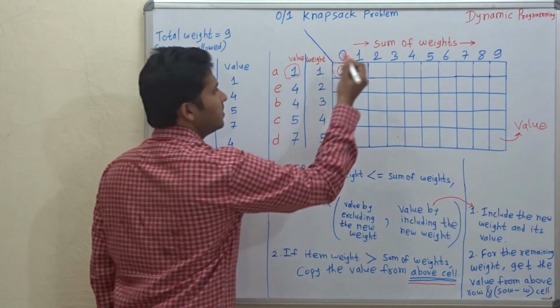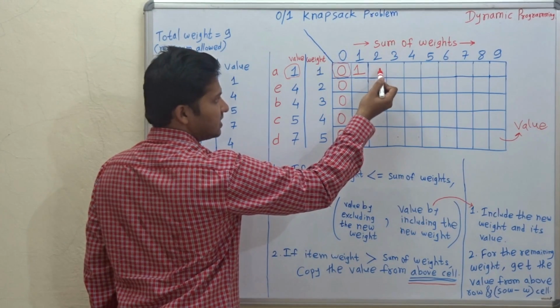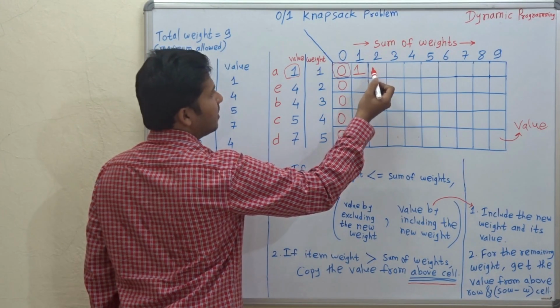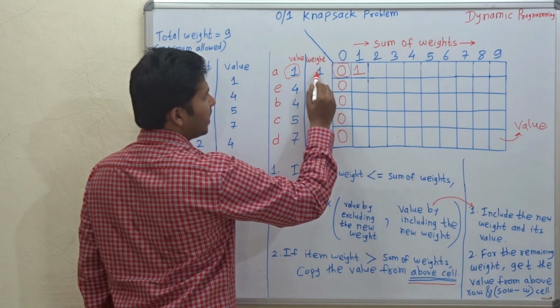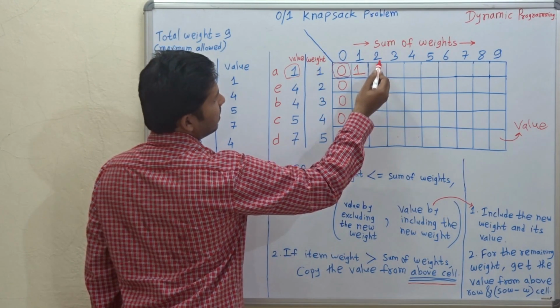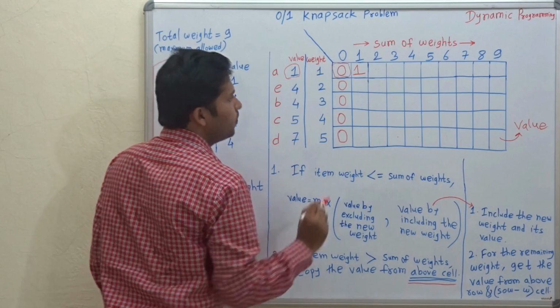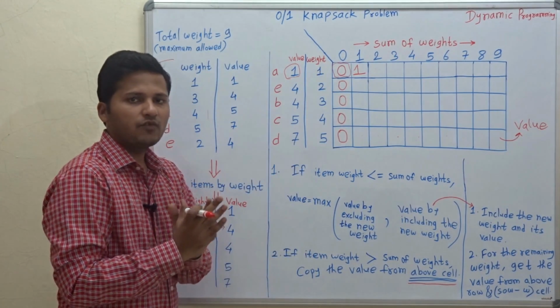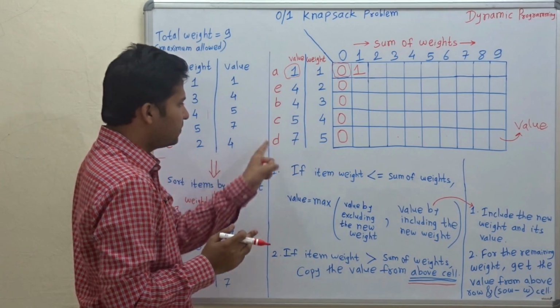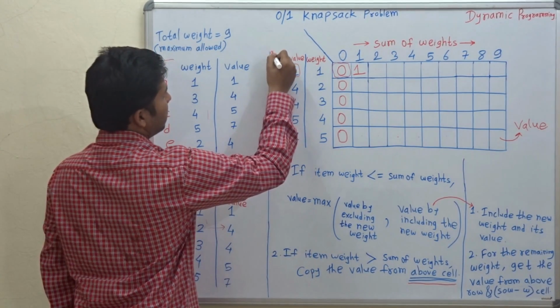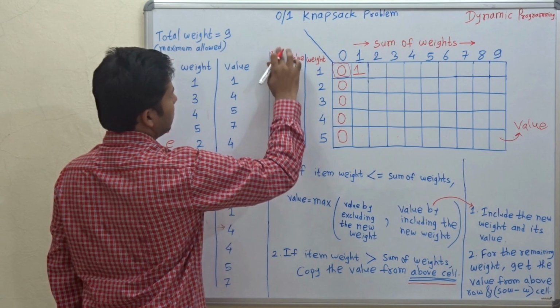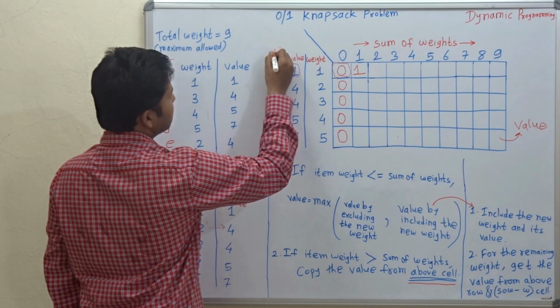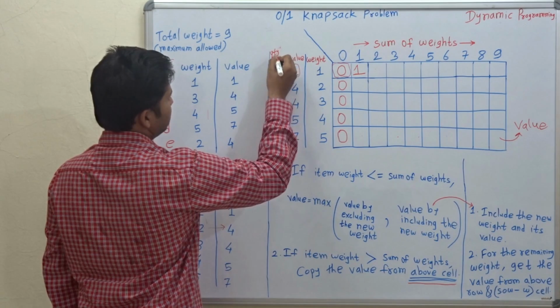Okay, now the next column, the next cell, this is the cell. So can you use weight 1 in forming sum of weight 2? Yes, I can use weight 1 even if I have quantity 1 of each of these weights. Remember, the quantity of all these items is 1.